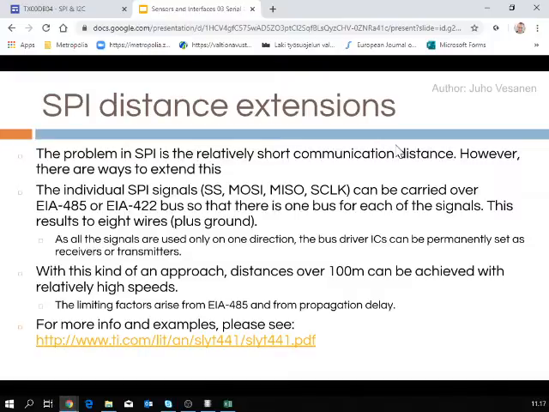SPI can be quite easily extended. The distance can be extended, for example, using the standard EIA 485 or EIA 422 type of buffers.